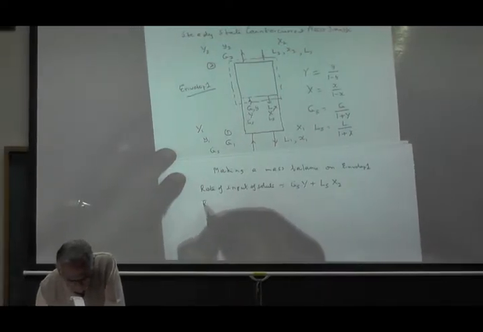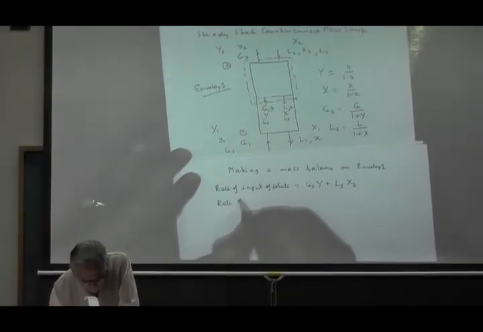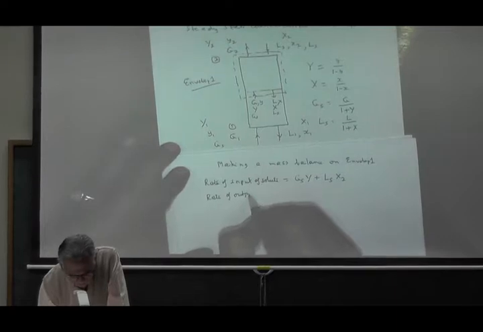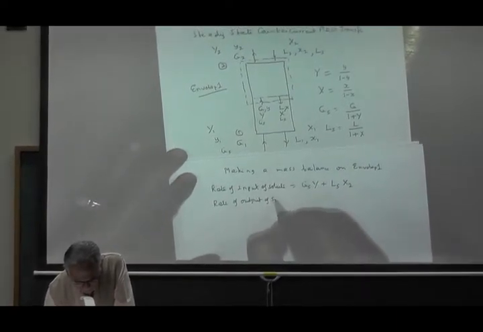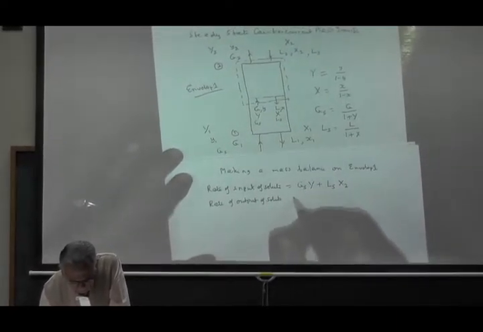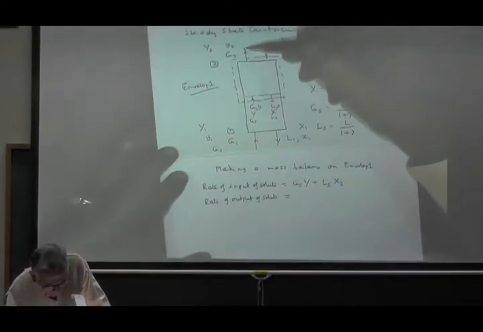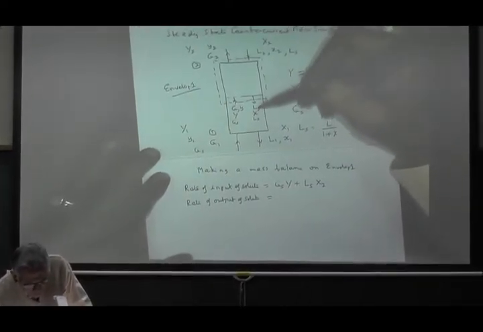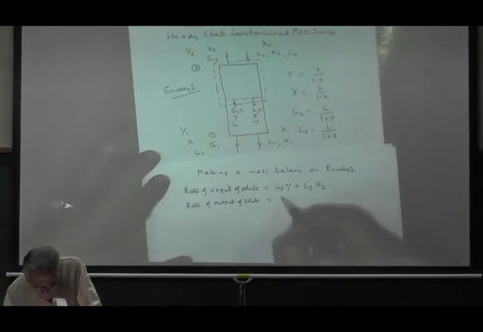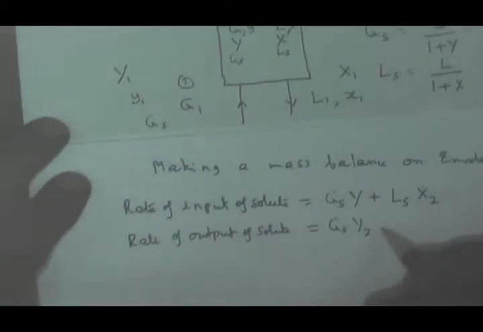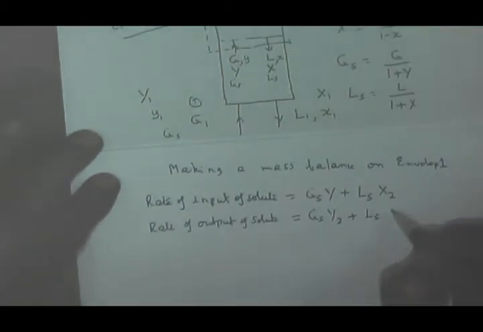And the rate of output of solute from this envelope: we have going out here and going out here. So that is Gs times y2 plus Ls times x.